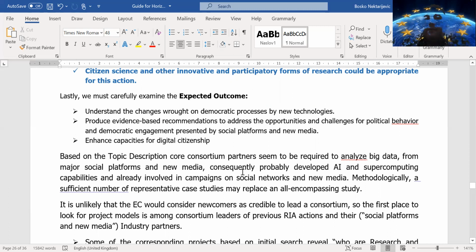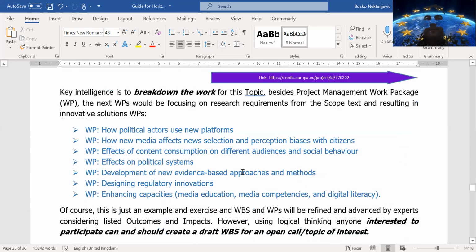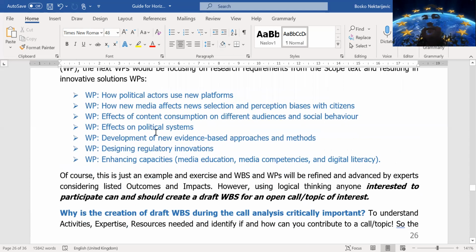Now, based on what we read so far, we can create this, and this is your draft work breakdown structure. It's, of course, just an exercise, an example. So one of the work packages, of course, would be project management. The next ones would be a work package to address how political actors use new platforms.